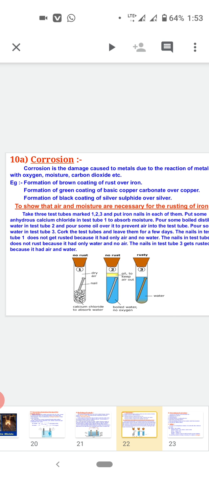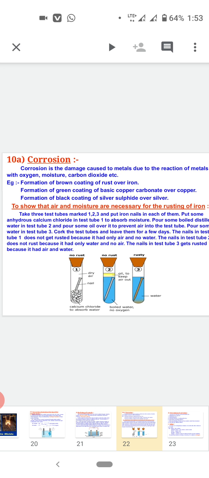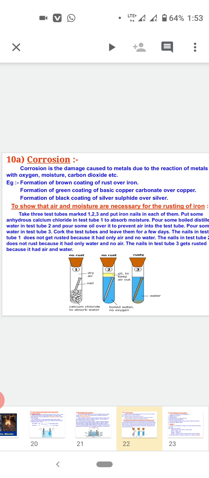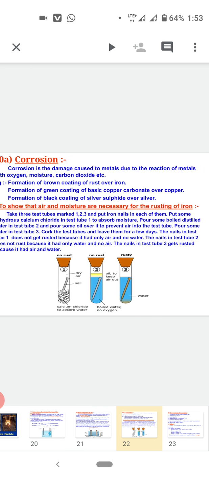The nail in test tube 1 does not get rusted because it has only air and no water, because moisture is absorbed by the anhydrous calcium chloride. The nail in test tube 2 does not rust because it has only water and no air; oil cuts off the presence of air.